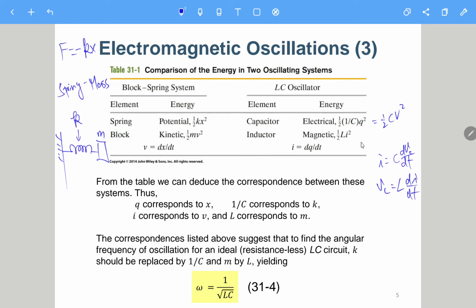It's still a first derivative between the variables.